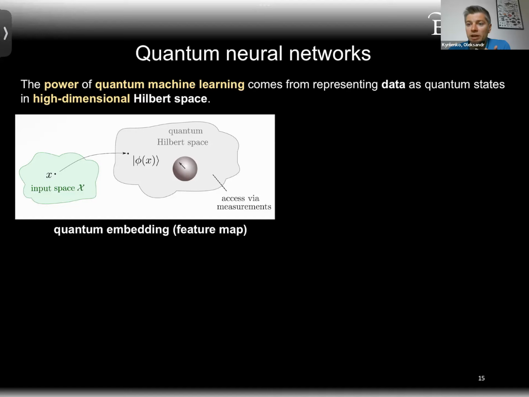So imagine you have data. So that's your input space with data point x. For instance, it could be the price of some item.